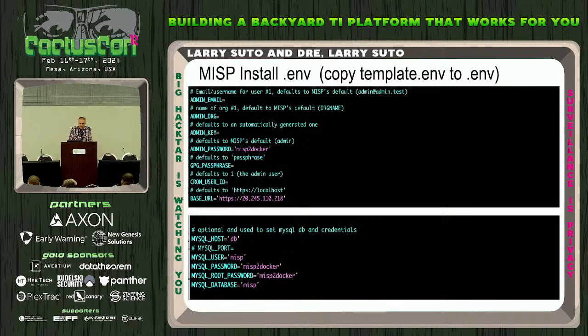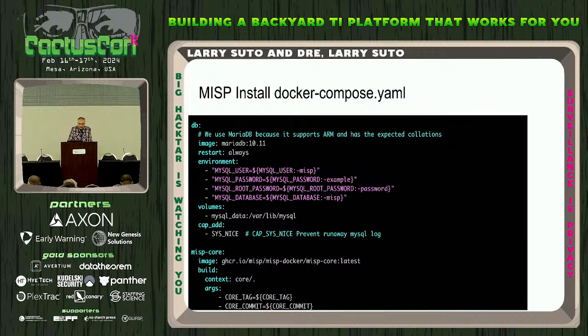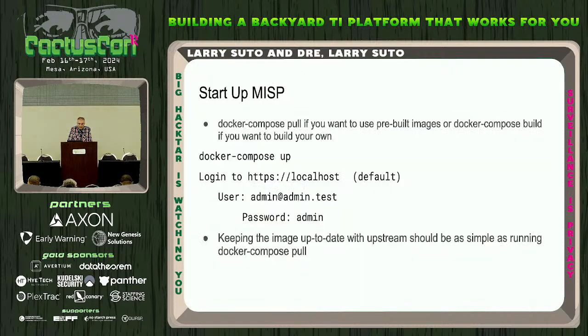Once you pull it from GitHub, you copy the template.env to .env, and then you fill out a few pieces of information like here, and that's basically it. And then that's the Docker Compose, and you just run docker compose up, and you're up and running.